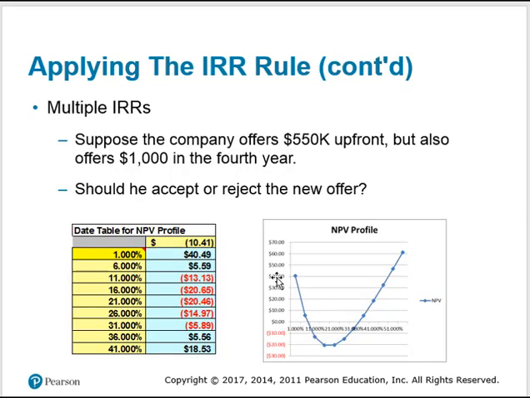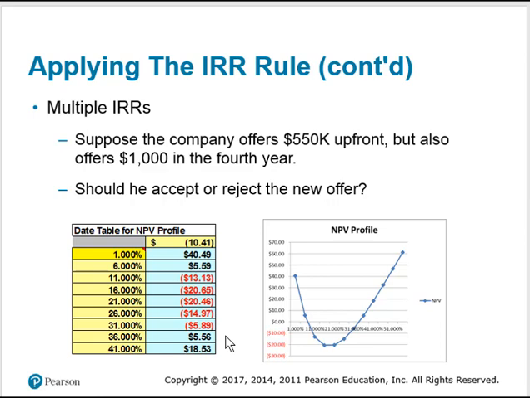Well, again, when you plug these numbers in, we get $550,000 up front. We get that $1 million at the end of the 4th year. And if you graph this relationship, you'll see that it is this curvilinear shape that crosses the x-axis twice. So there are 2 times where the internal rate of return is possible.